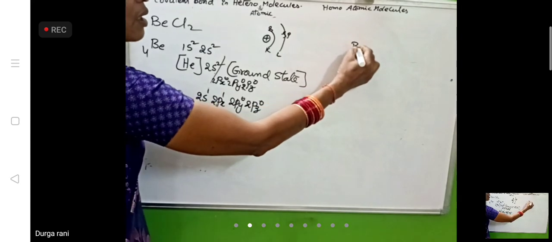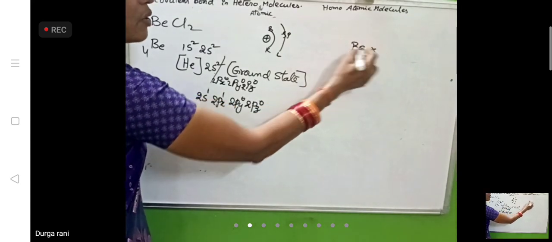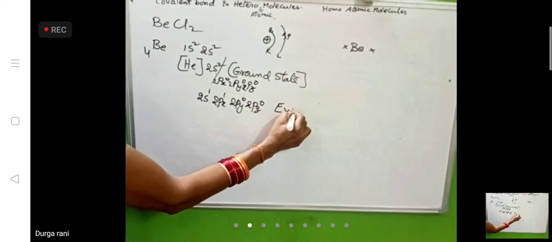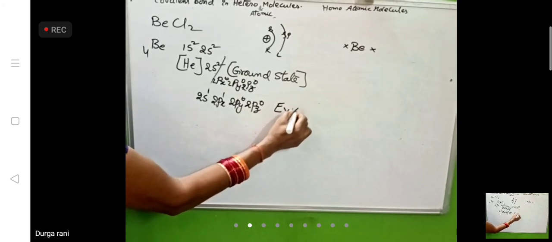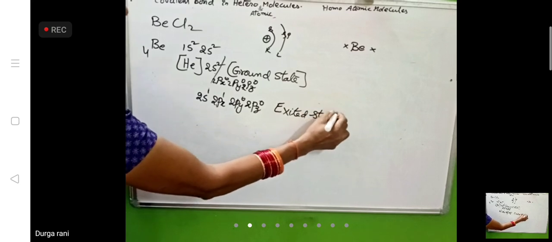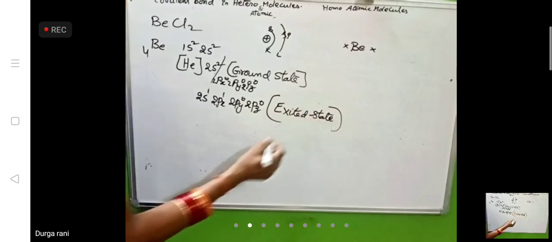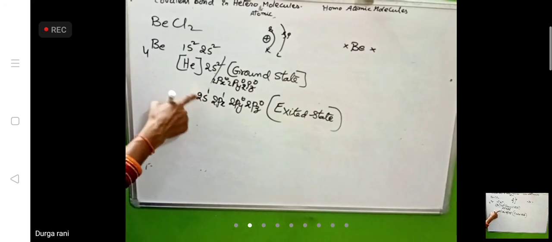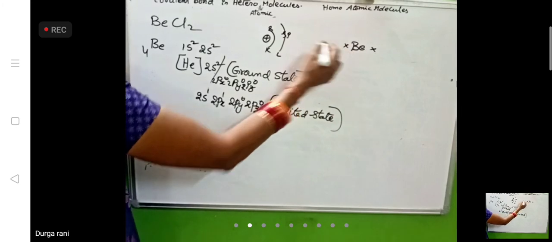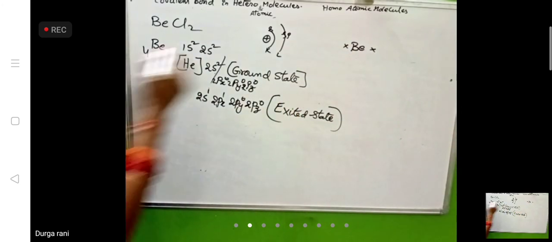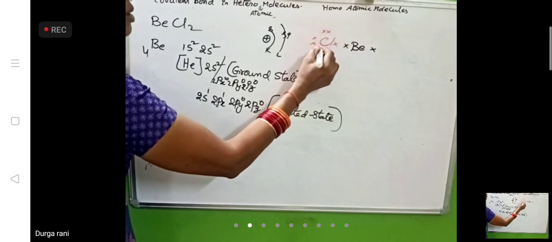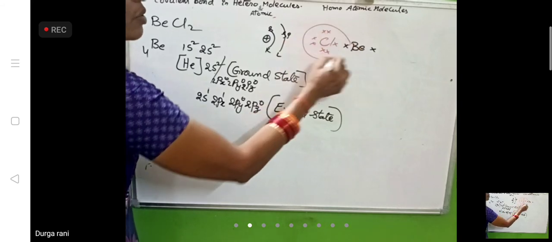Now let us say the center atom is beryllium with two lone electrons in the excited state. 2s1, one single electron, 2p, one single electron, it is depicted like this. And chlorine comes with 7 electrons, 3 lone pairs, and one lone electron, and this forms one bond.